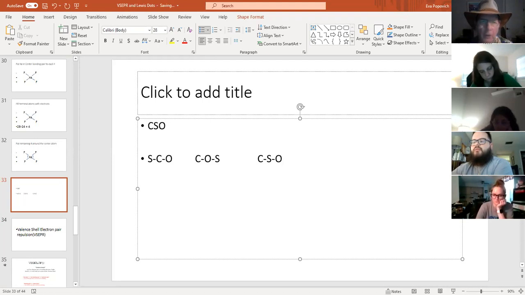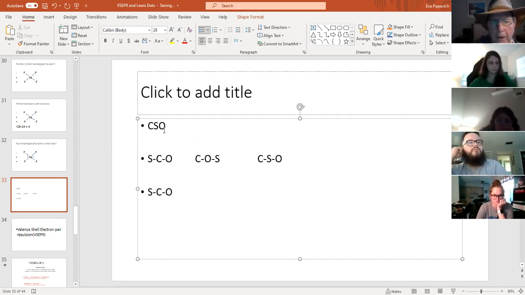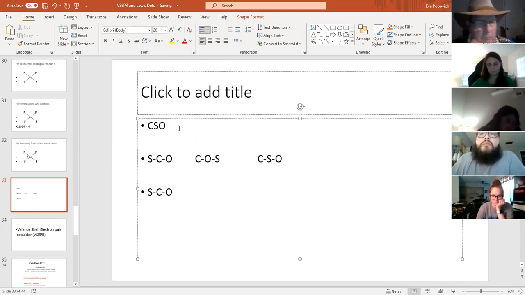Right. Okay, now, this is going to be a long exercise, so just bear with me because we're going to be doing formal charges. Let's consider the CSO. Okay. Valence electrons. How many does carbon have? 4.